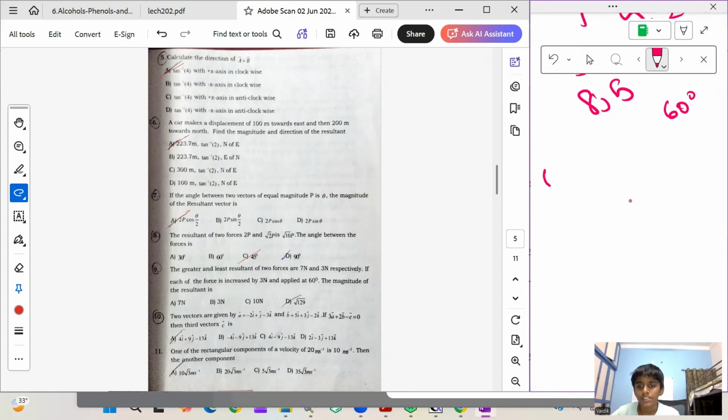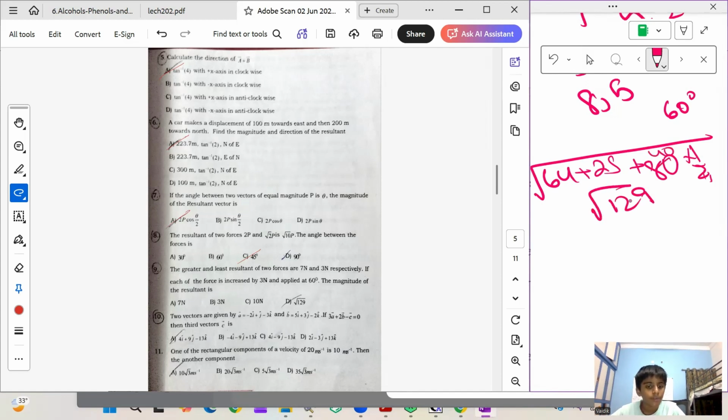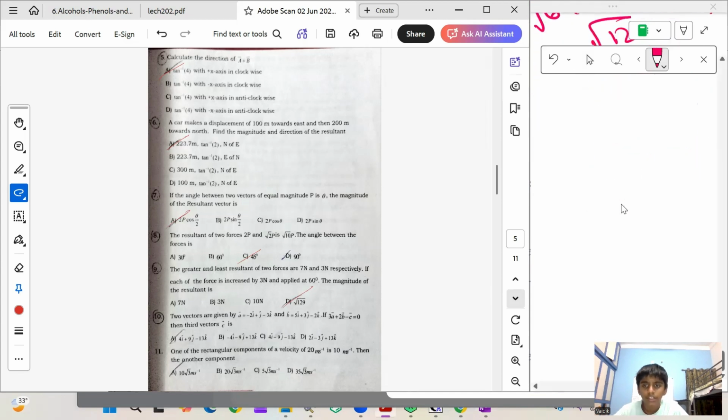So 8 square 64 plus 5 square 25 plus 2 into 8 into 5, which is 80, cos 60 is 1 by 2, plus 40. So it would be root over 129. Option D.